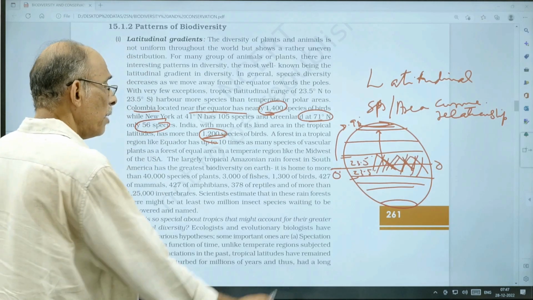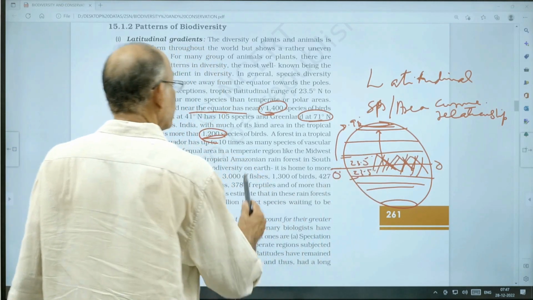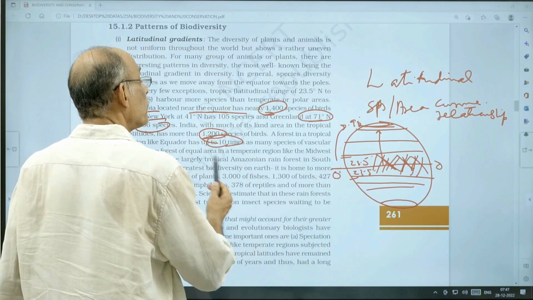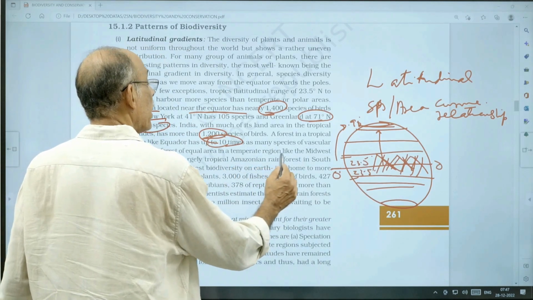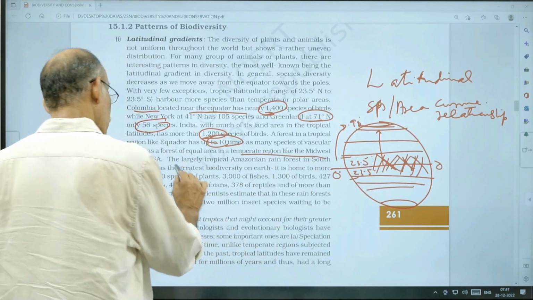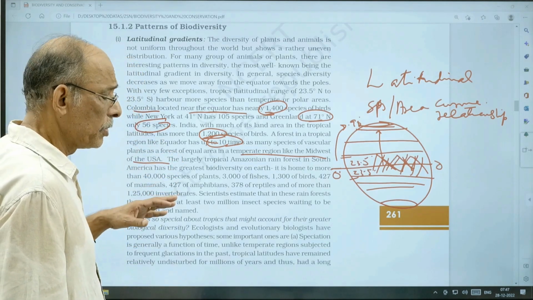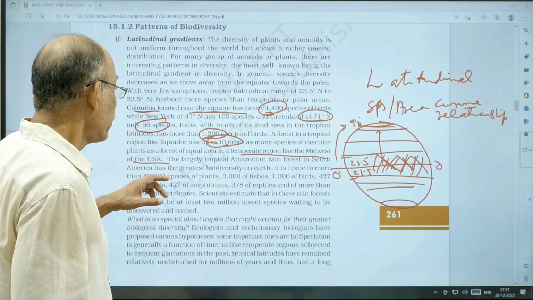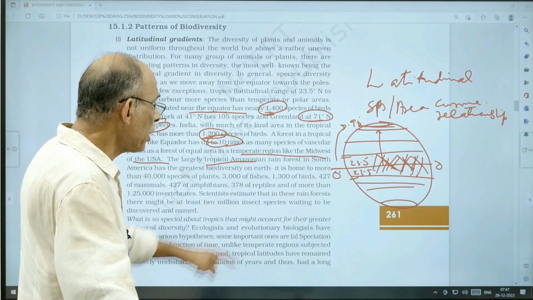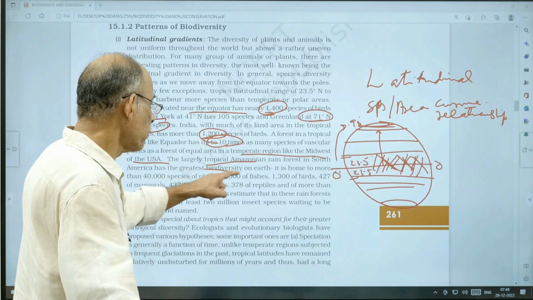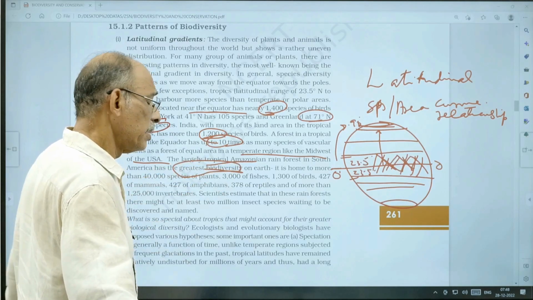Similarly, the Amazon forest, which is located in the tropical regions, has 10 times more vascular plants than the Midwest of USA. The Amazon forest is supposed to be the lungs of the planet, and the greatest biodiversity on earth is seen in the Amazon forest.